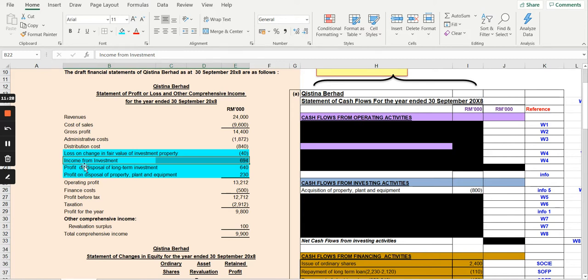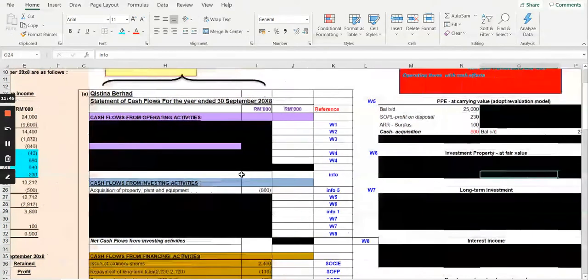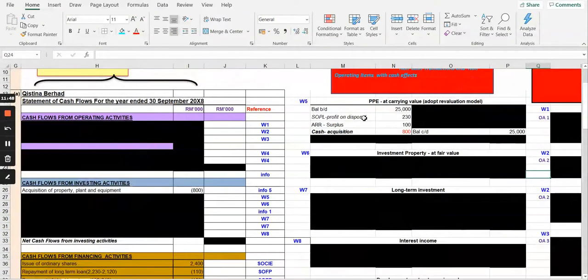But for here, this one is just to tell you that these are the items that are non-cash and non-operating. So non-operating is just income from investment, right? So you have one item here, profit on disposal. So if you add here, it means that you credit, right, your disposal.